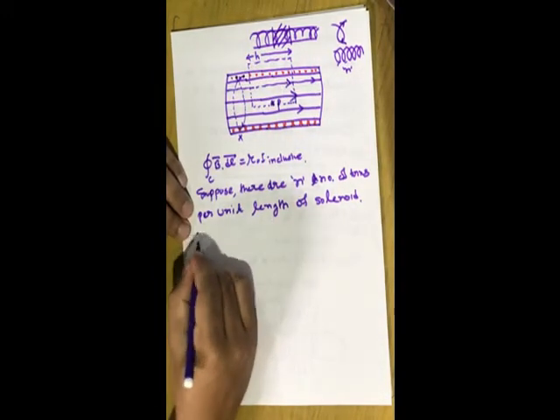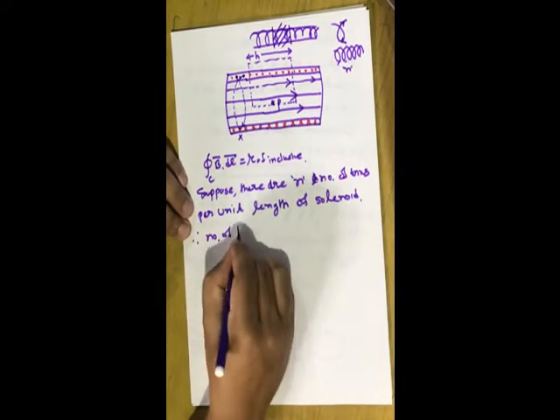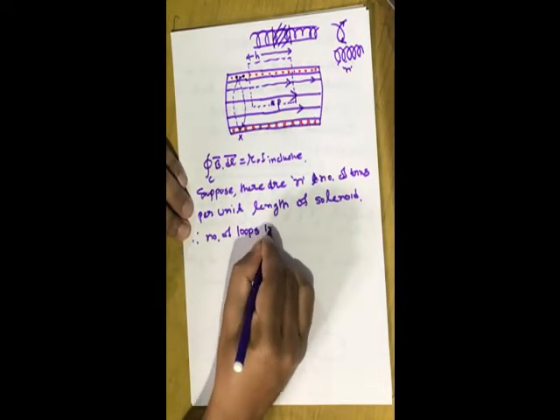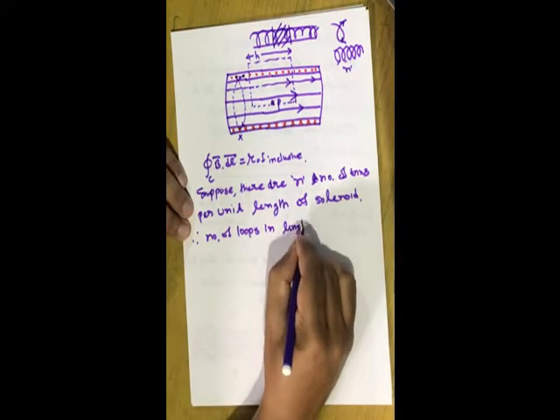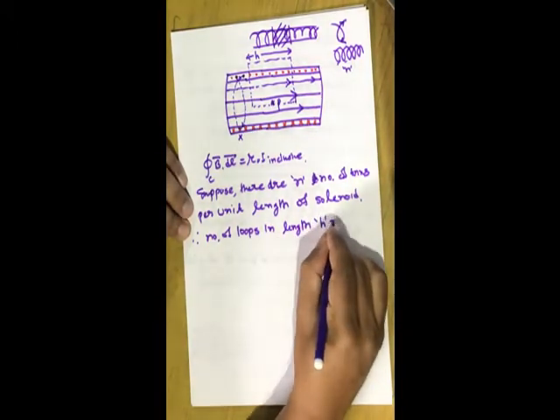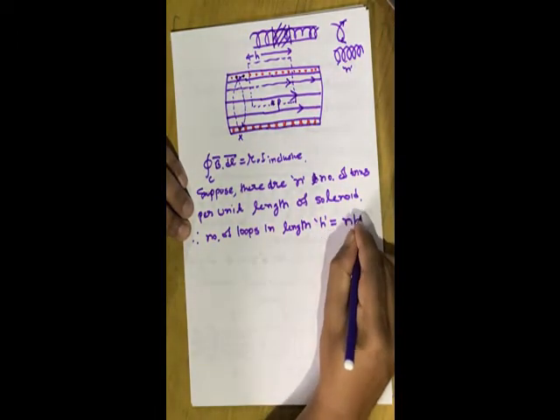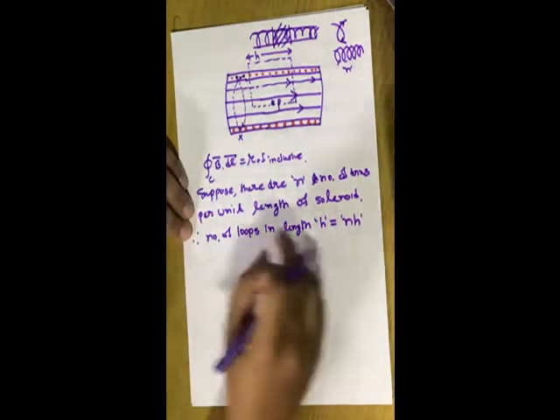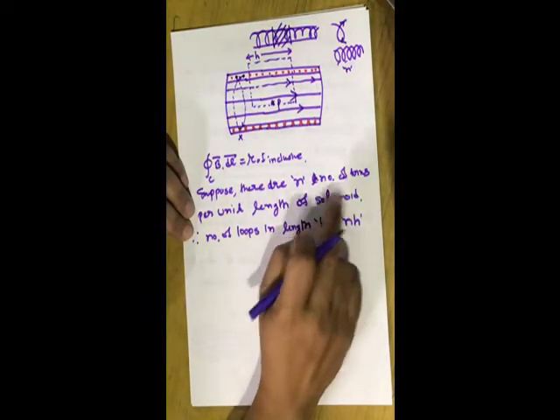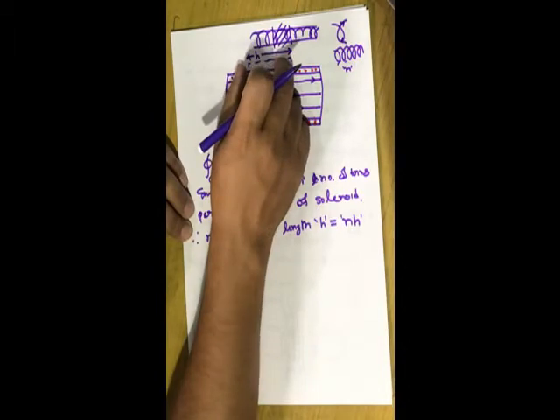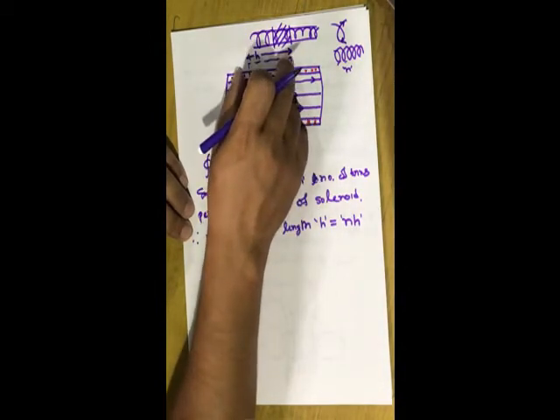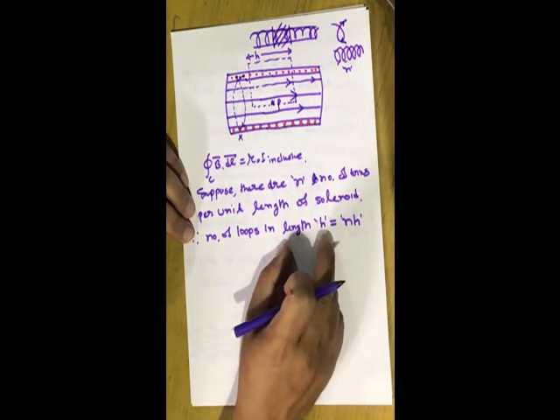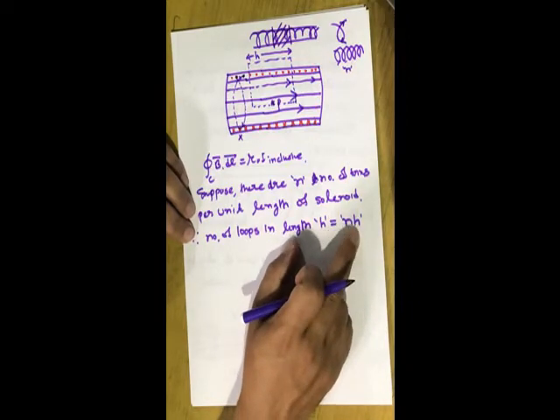Therefore the number of loops in length h will be equal to n into h. Small n is the number of turns per unit length, and the length of our Ampere's loop is h.